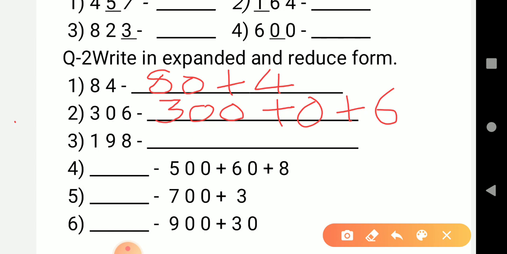Very good. Now the third number, who wants to write here? Yes, tell me how to write the expanded form of 198. Yes, 100 plus 90 plus 8. Okay, so this is the expanded form of the number. Understood?